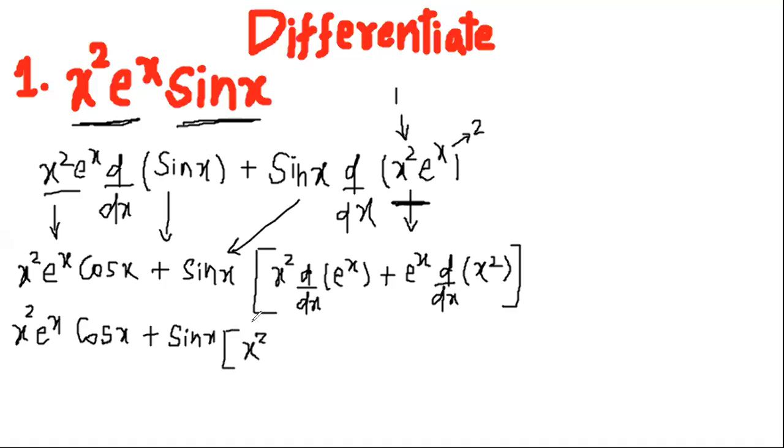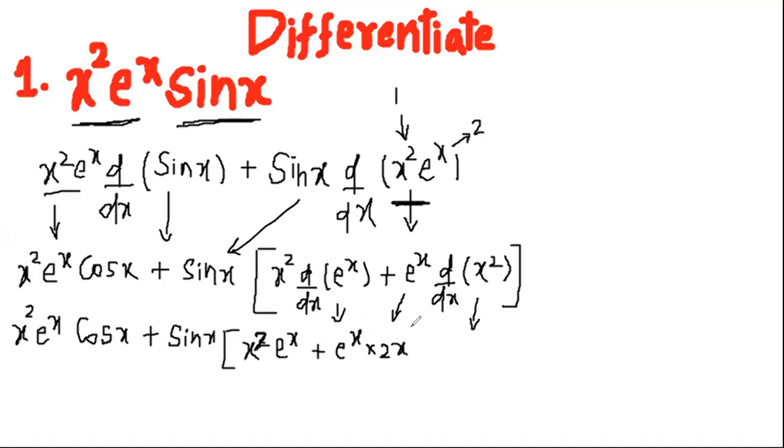We know that differentiation of e to the power x is e to the power x. So just write it e to the power x. Put plus sign. E to the power x will remain the same. So write it down e to the power x. We know that differentiation of x square is what? 2x. So you can write 2x.